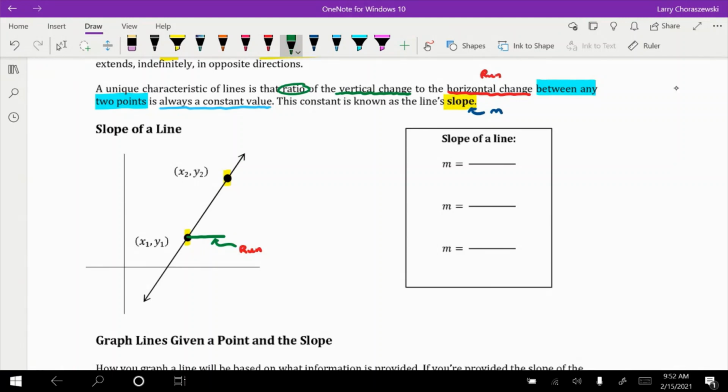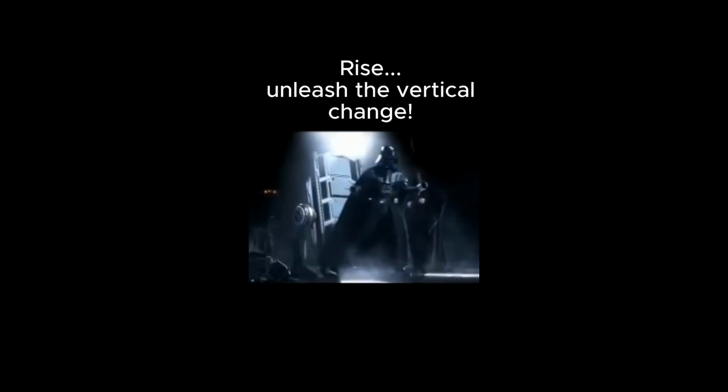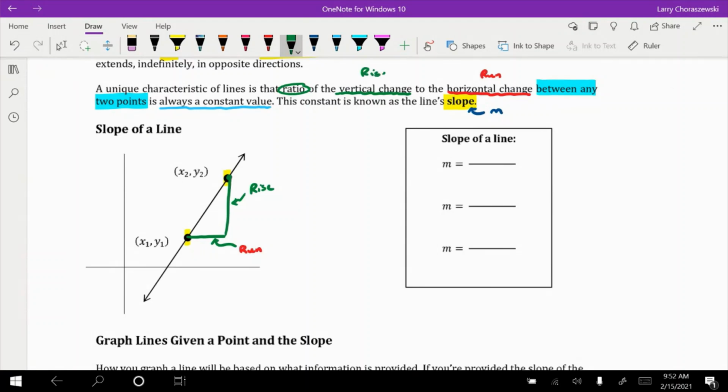Now that we're underneath the point x2, y2, we can go up to that point to finally reach our destination. How far we go up is what we mean by the vertical change. And there's an R word for this as well. It's rise, exactly. So vertical change is interchangeable with the word rise. Rise over run, exactly.